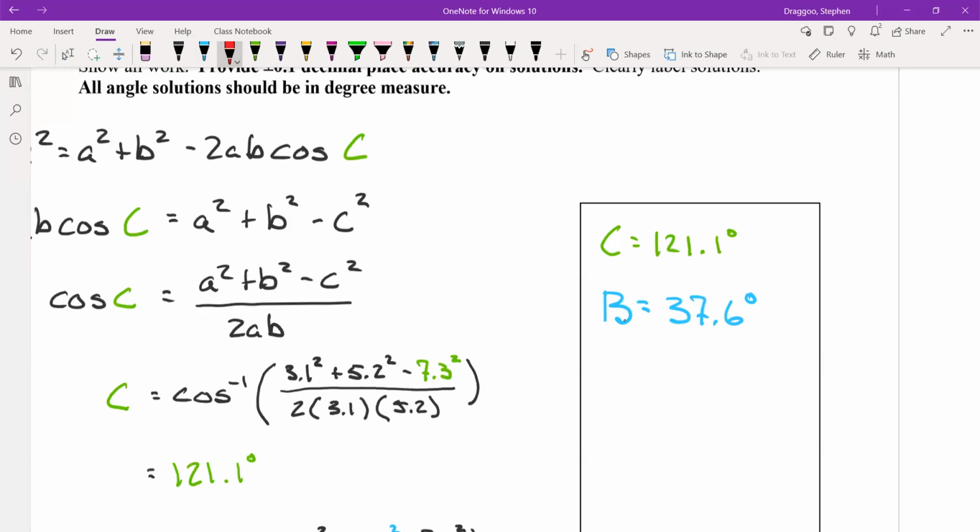But for the last part, I want angle A. And once I know two of my angles, I really know all three because they all need to add up to 180 degrees. So 180 minus 121.1 degrees minus, I missed the 1 apparently, minus 37.6.